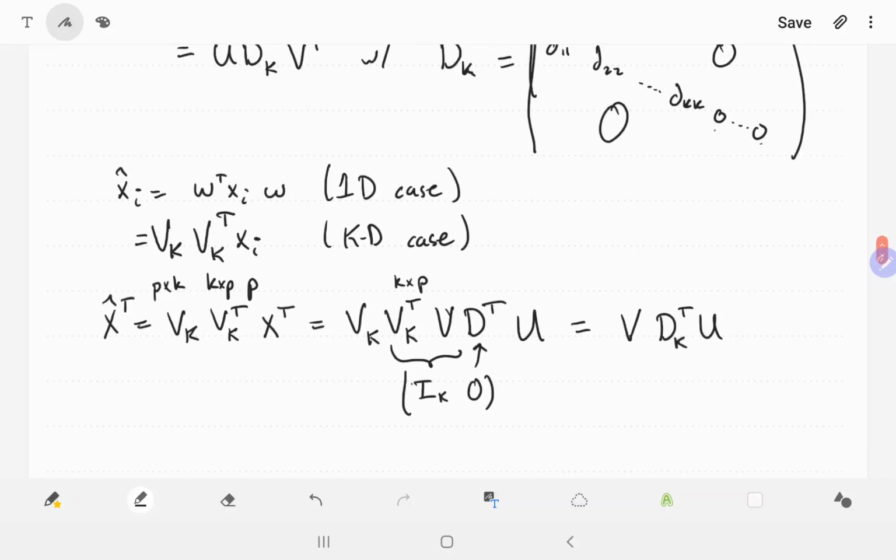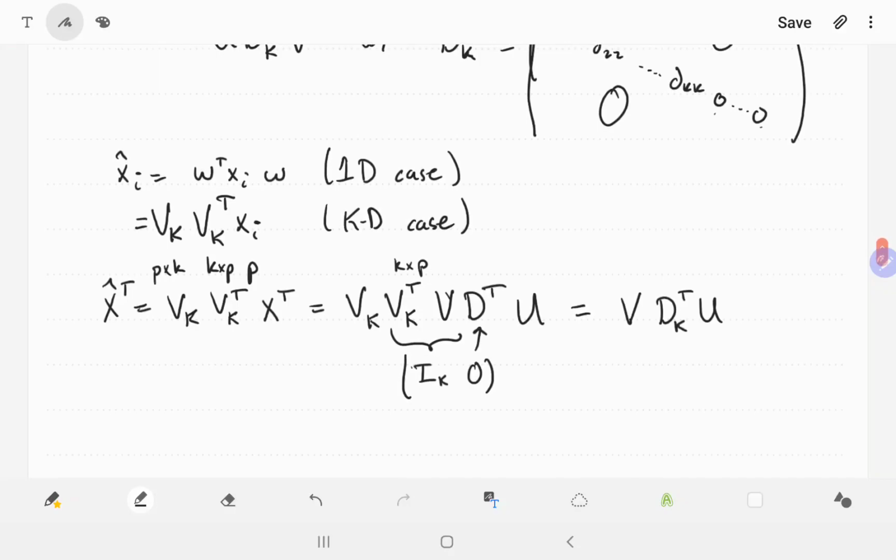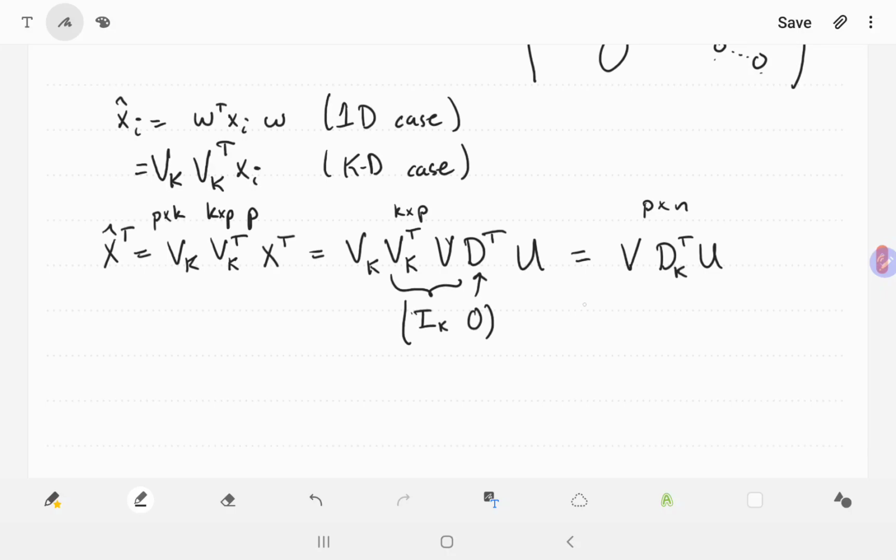But this is still going to be an n by p. Sorry, this is V transpose, so this is p by n. Another approach would be to have V sub k, a truncated d sub k transpose, and U sub k, where you only used the top k left and right eigenvectors, and that would be fine too.